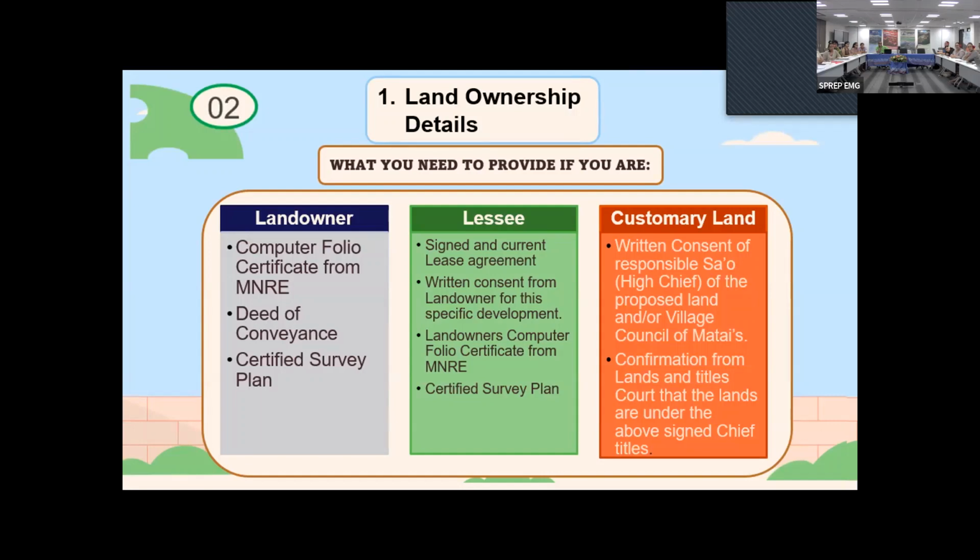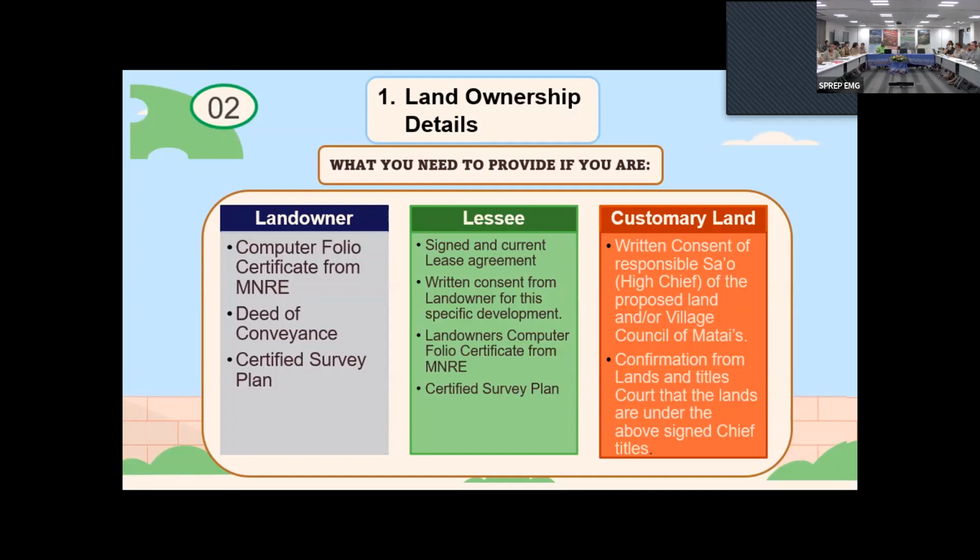But the agreement to support any development, as she said, is that letter of consent. That's why we don't ask for a computer folio for customary land, because it's not always available. There are cases where, if it's registered under the system, they'll say this particular land is under the DN officer, but it's not available for all. So that's why we don't ask for it.